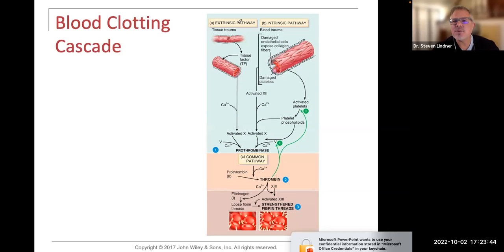Now, I don't need you or want you to memorize the clotting cascade and the sequence of events, or differentiate the extrinsic pathway from the intrinsic pathway. I just want you to see how important calcium is.